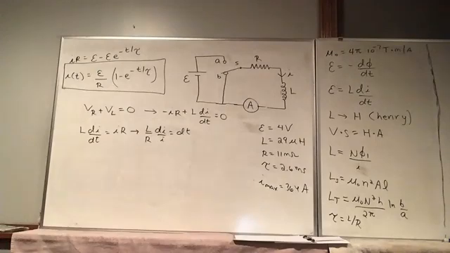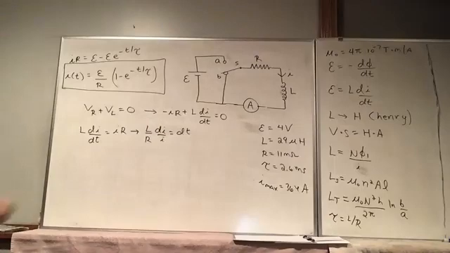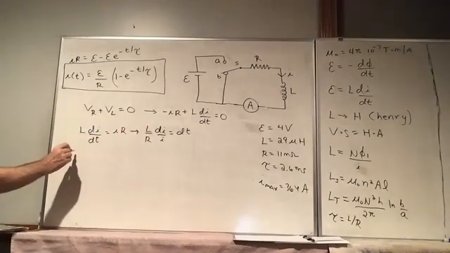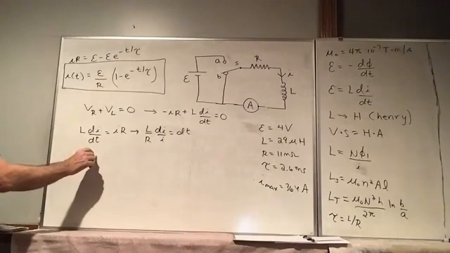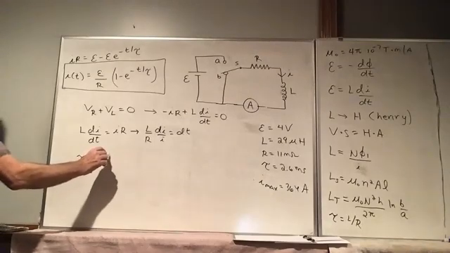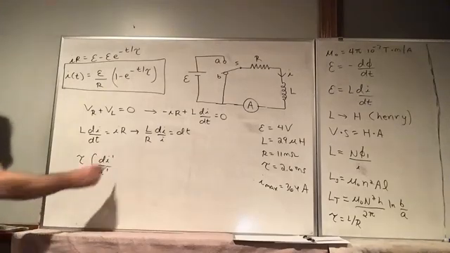But now we have to be a little careful. Well, let's integrate and put the limits in. If we integrate dt, we're just going to get t. L over R is our time constant, so we have tau times the integral of di prime over I prime.